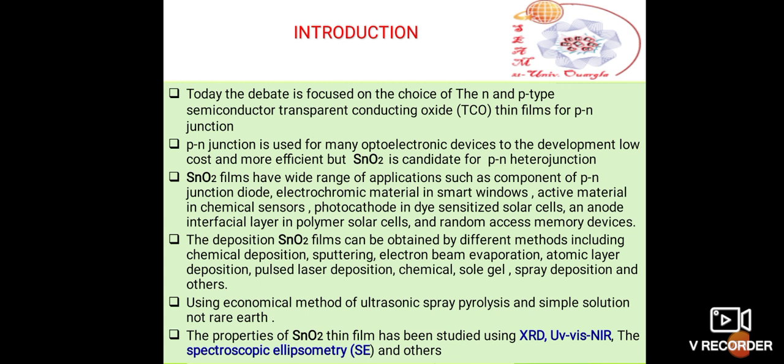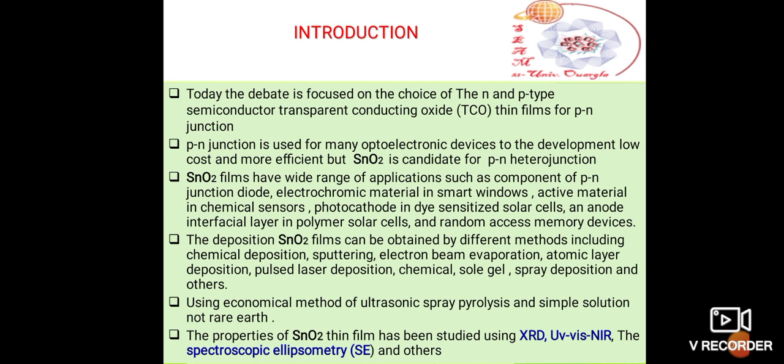Tin oxide film has a wide range of applications such as component of PN junction diode, electrochromic material in smart windows, active material in chemical sensors, photocathode in synthesized solar cell, anode interfacial layer in polymer solar cell, and random access memory devices.